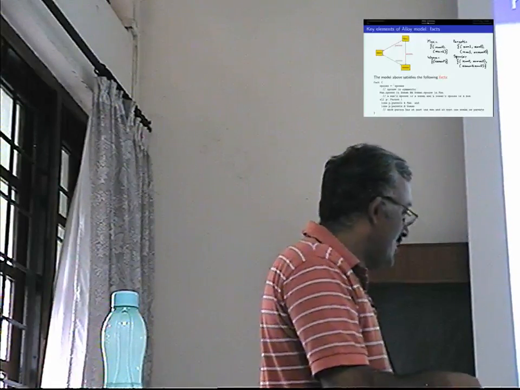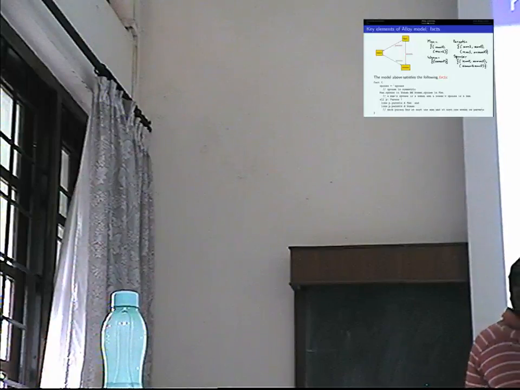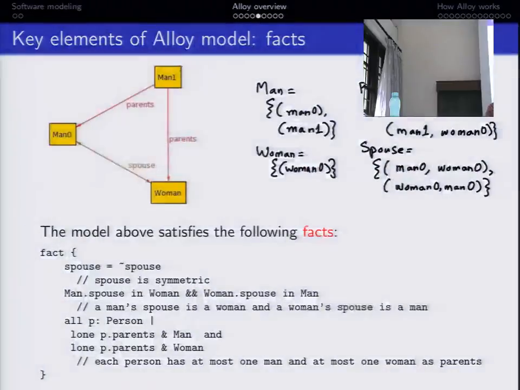So lone means 0 or 1. For every person P, what is P dot parents? Read it in English: parents of P. This is the set of parents of P. If you intersect with man, what is that intuitively?